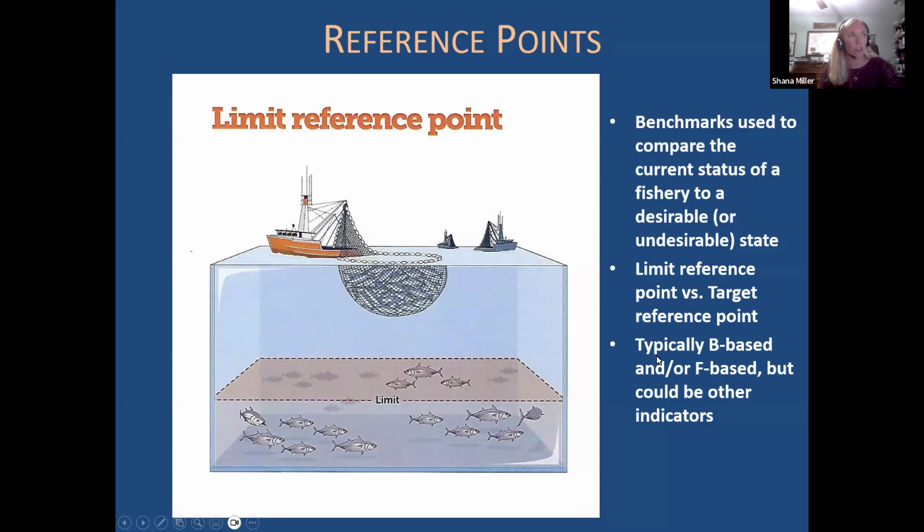Now, for target and limit reference points, you can have biomass-based or B-based reference points and or F-based or fishing mortality-based reference points. You can also look at different types of reference points, but typically we will have biomass and or fishing mortality-based reference points that can be included often in those management objectives.